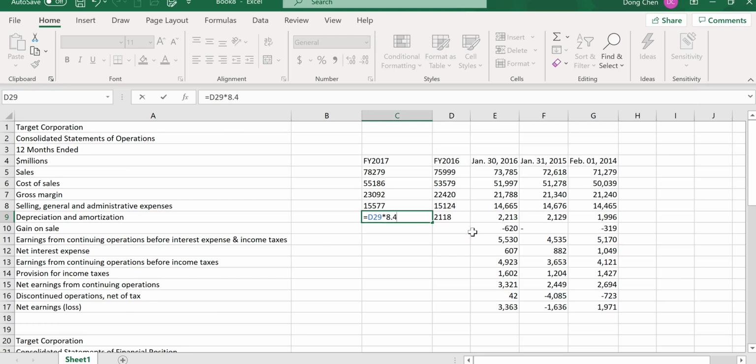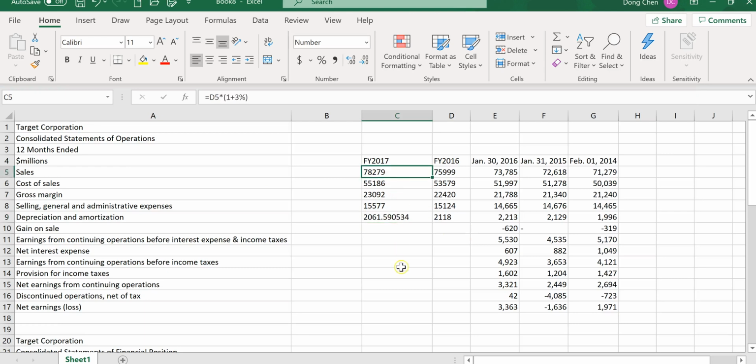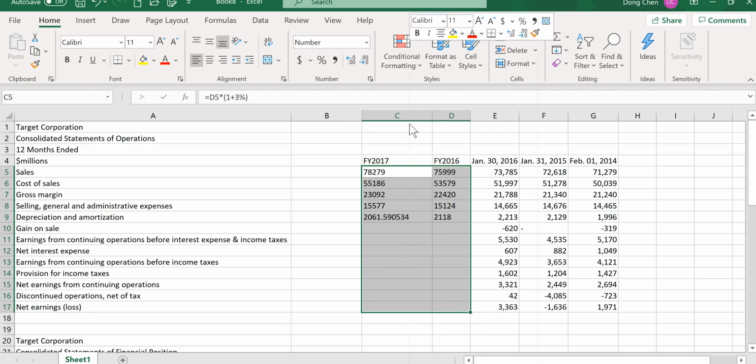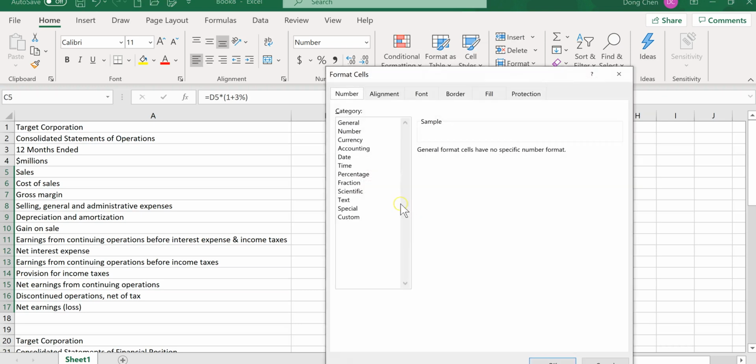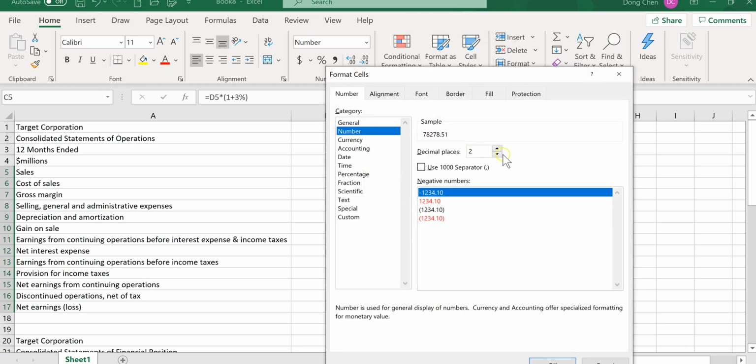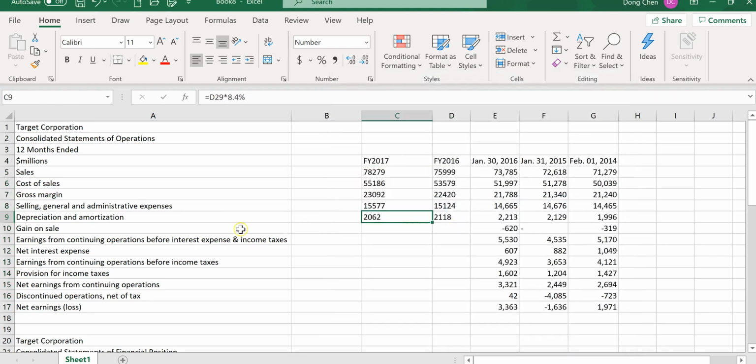It's 8.4% of the prior year net PPE. I need to change all this to be rounded to the nearest whole dollar. So this is the new depreciation and amortization.